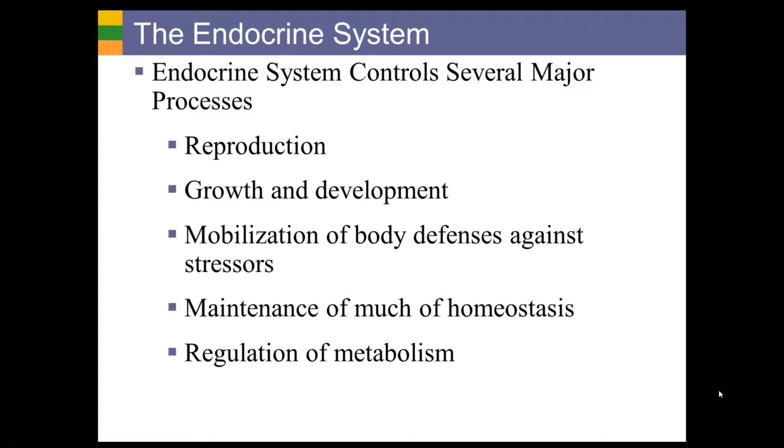Maintenance of homeostasis, blood sugar levels, blood calcium levels, body temperature, hydration, all of those related to homeostasis, dynamic equilibrium, are controlled primarily by the endocrine system. And metabolism. If you recall, metabolism is all of the chemical reactions that are occurring in your body. That is regulated primarily by the endocrine system.